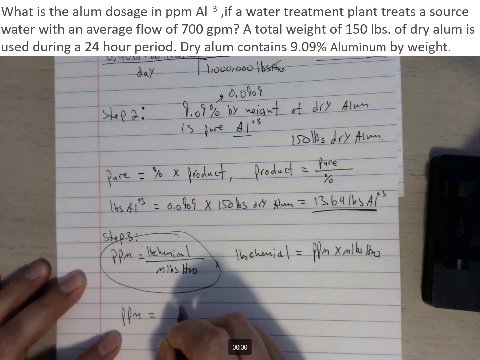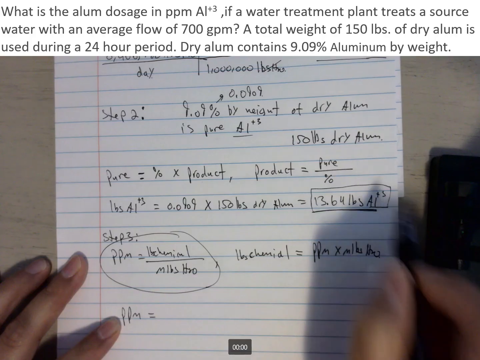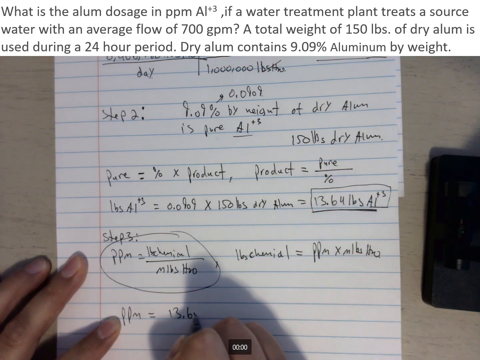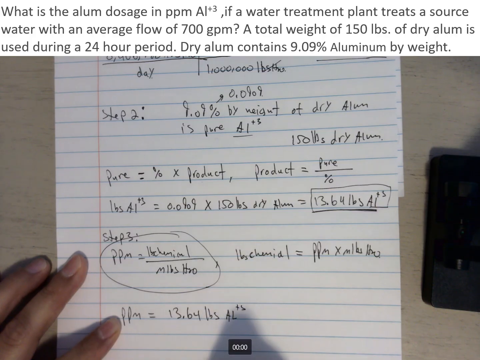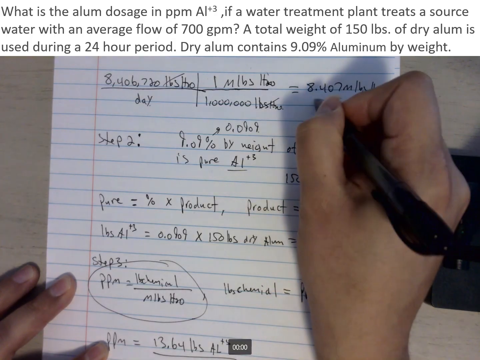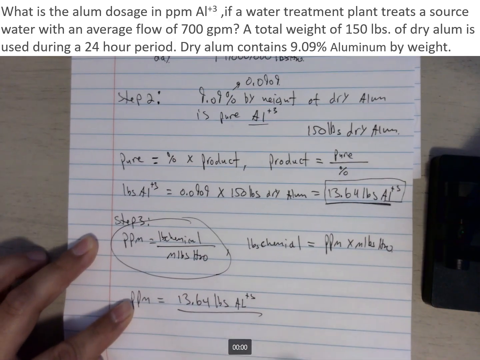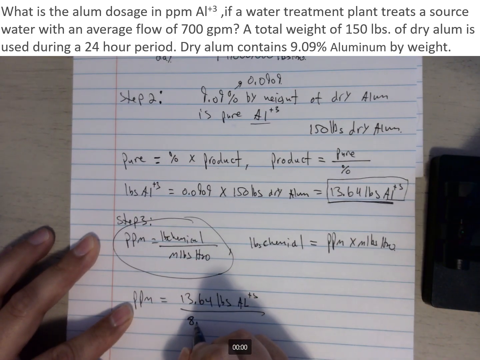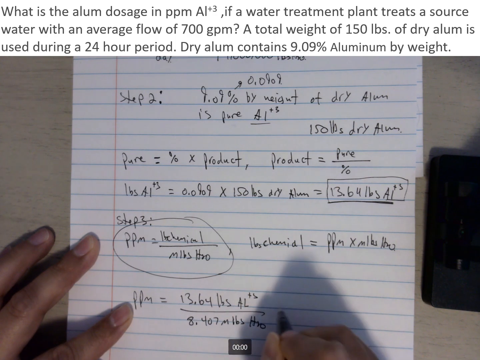Our part per million is pounds of chemical, which we calculated at the step above, 13.64 pounds of aluminum ion, divided by how many million pounds of water we had, which we calculated right above, 8.407 million pounds of water.